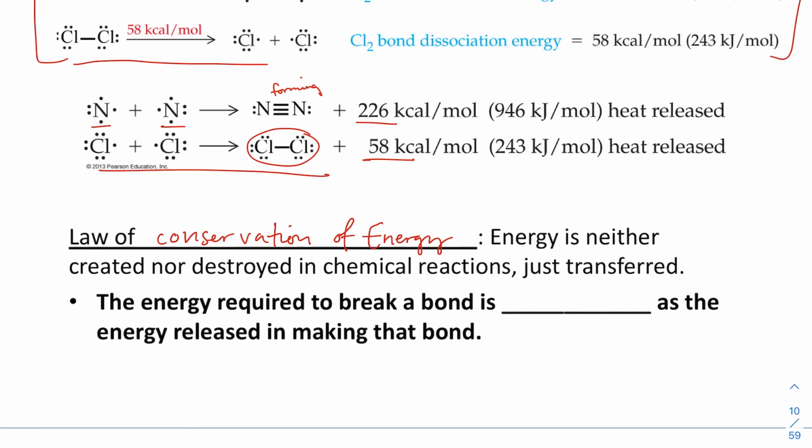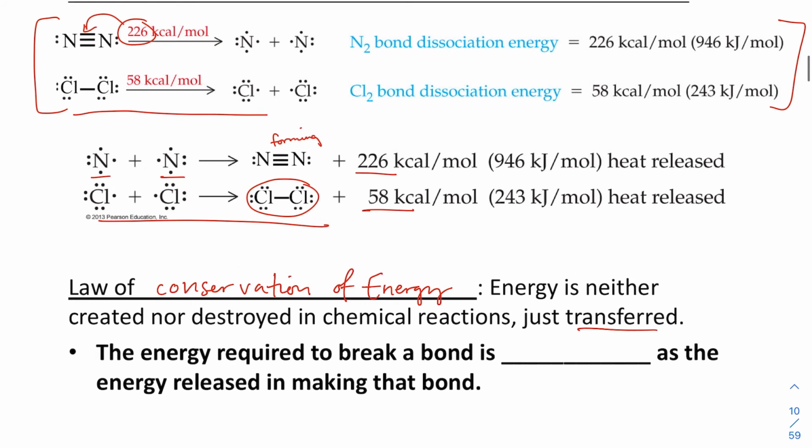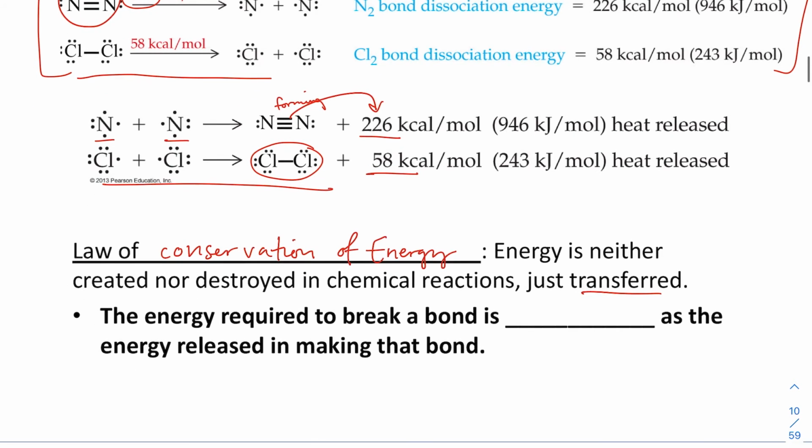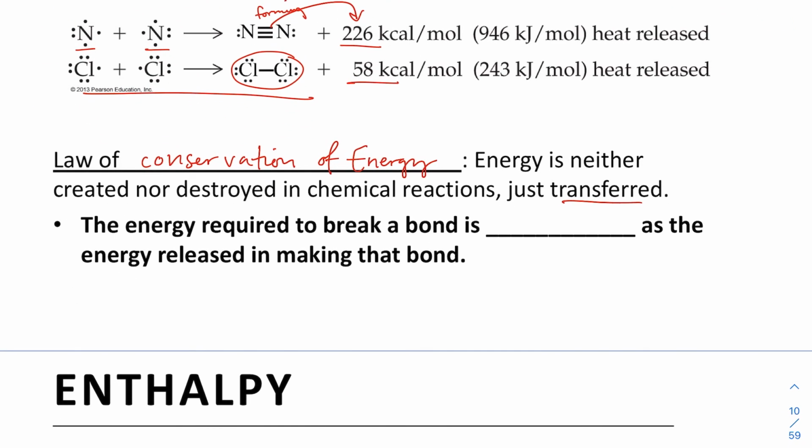It's just transferred. And here you can see it's either being transferred into the molecule or out of the molecule. When we break bonds, it's being transferred into the molecule. When we form bonds, it's being transferred out of the molecule. So the energy required to break a bond is the same as the energy released in making that bond.